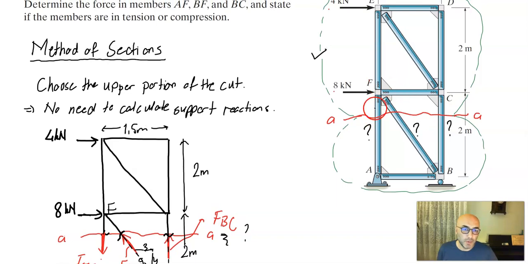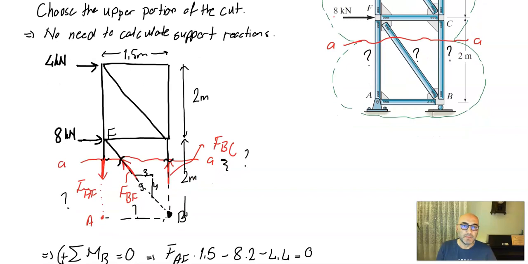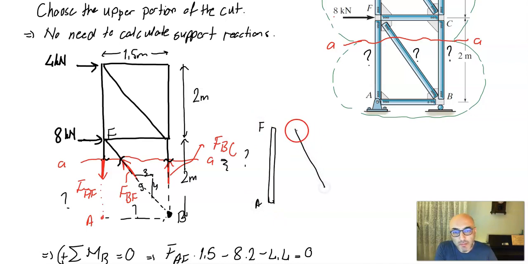I end up with the forces for my members here, so I can write for my member AF, I have my member BF, so that's F and that's B, and I have my member BC here, so that's member BC.